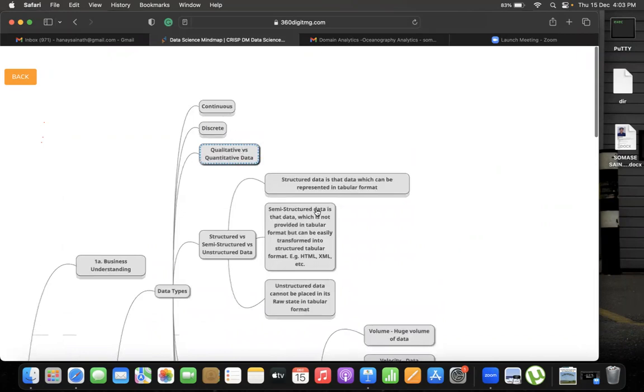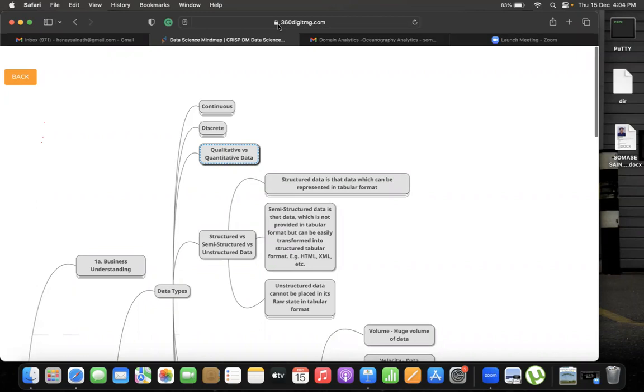Then we have structured data. So it is that which can be represented in tabular form for the data. Then we have structured and semi-structured or unstructured data. So semi-structured data is the data which is not provided in tabular format but can easily transform into the structured tabular format.